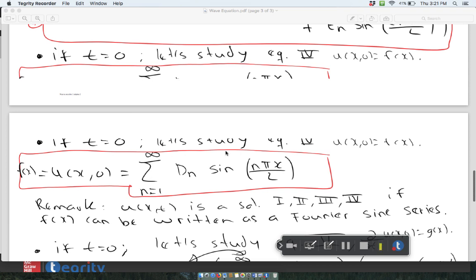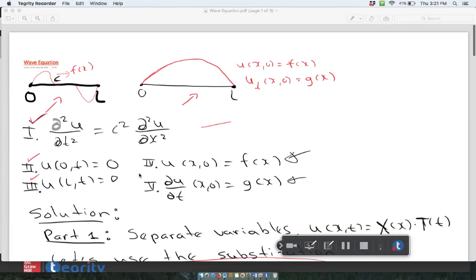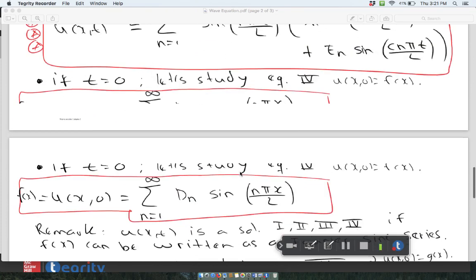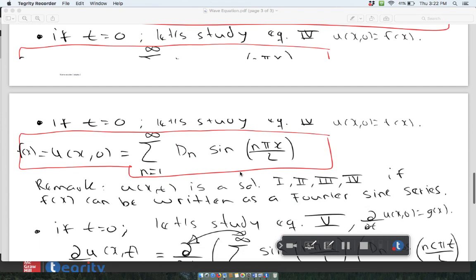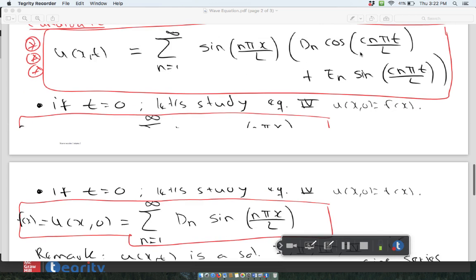So if t equals 0, let's study condition 4: u(x,0) equals f of x. So I plug in t equals 0, so this will be 1, and this will be 0.